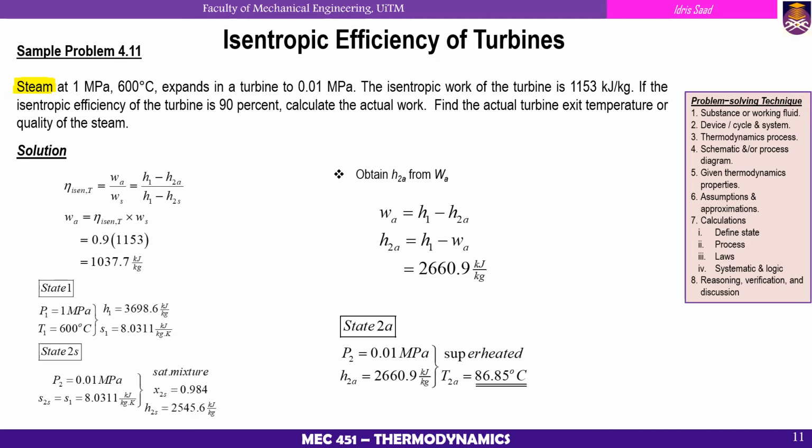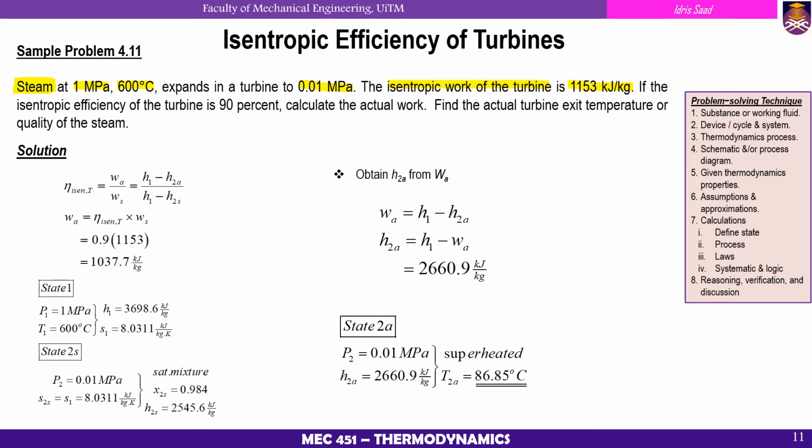It gives 1 megapascal and 600 degrees Celsius, so this is state 1. Then it expands in the turbine, so state 2 is 0.01 megapascal. Then it says the isentropic work of the turbine is equal to 1153 kilojoules per kilogram.